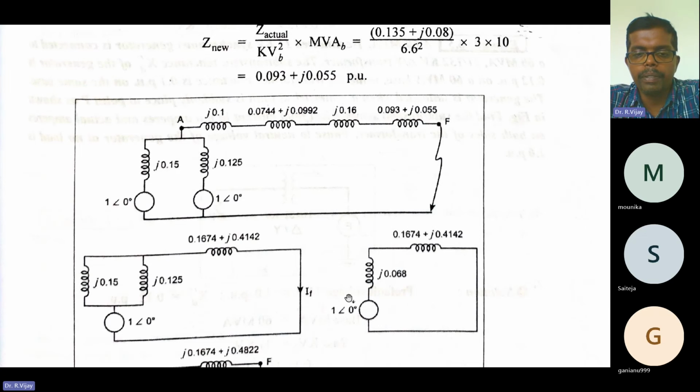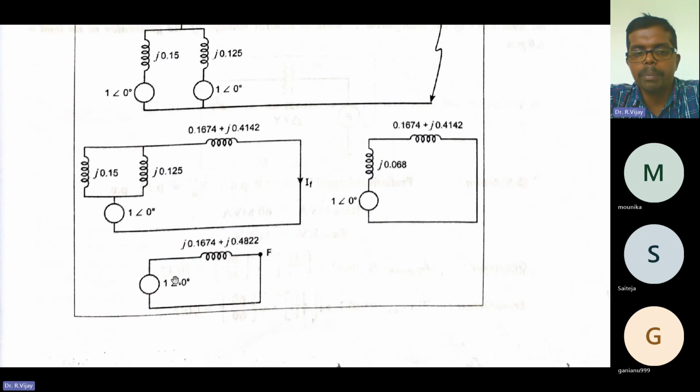Further simplification, you will get J into 0.068. Next, the impedance connected here is J into 0.164 plus J into 0.142, carried over from here. You need to further simplify, because these two are now connected in series.